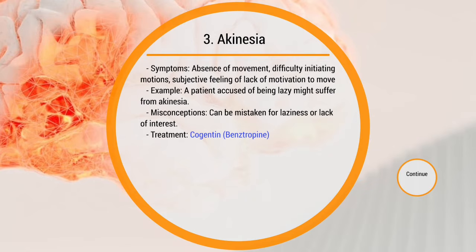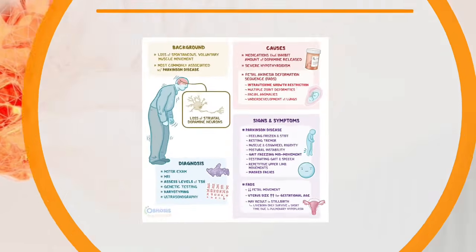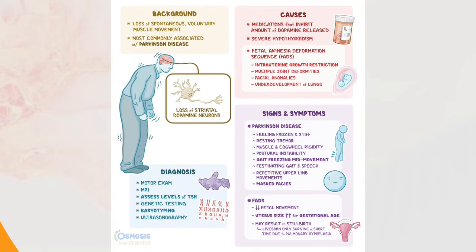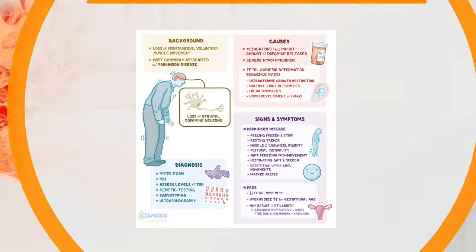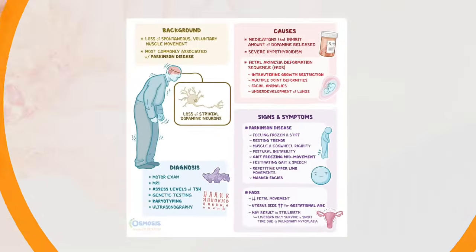So it could be mischaracterized as laziness or lack of interest. What are you going to give? Cogentin. So Cogentin for akinesia, Cogentin for akathisia, and Cogentin for acute dystonia. Here's what it looks like in a nutshell, the lack of movement, akinesia.